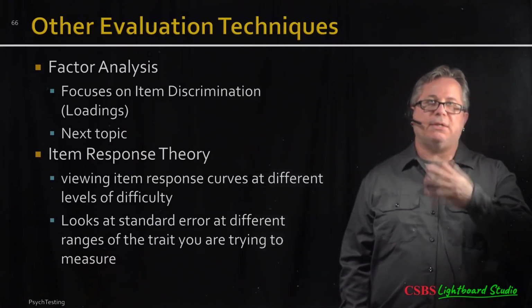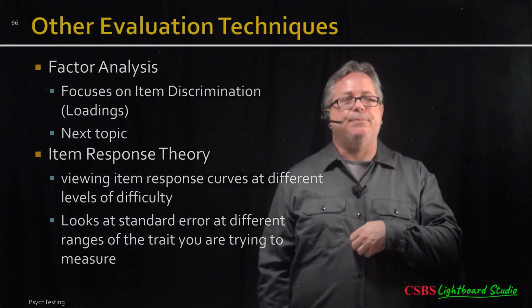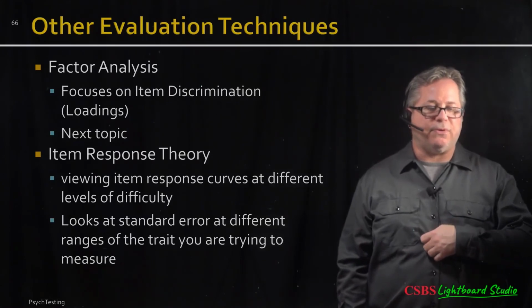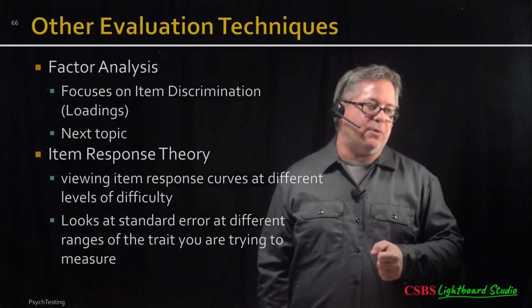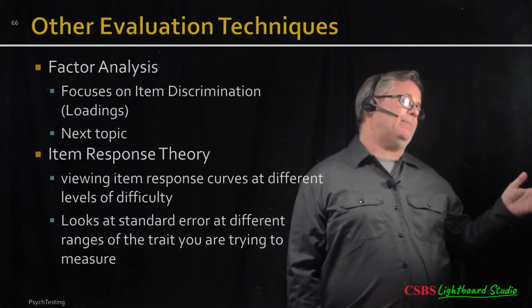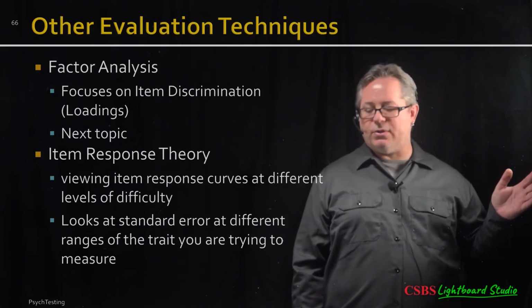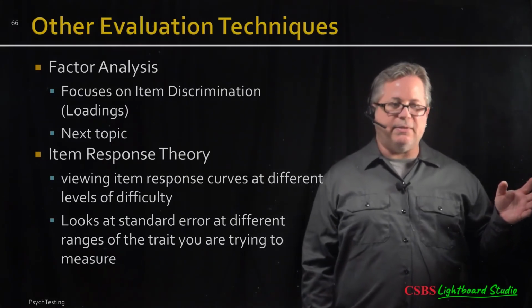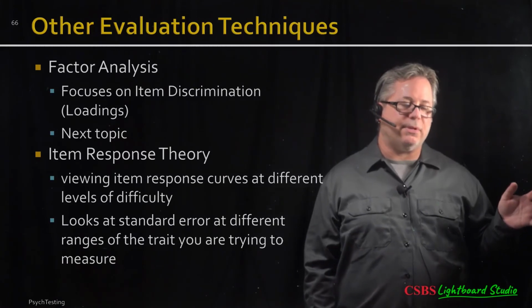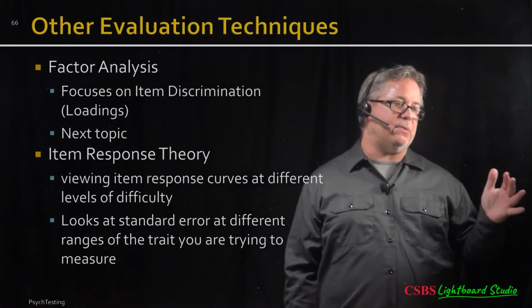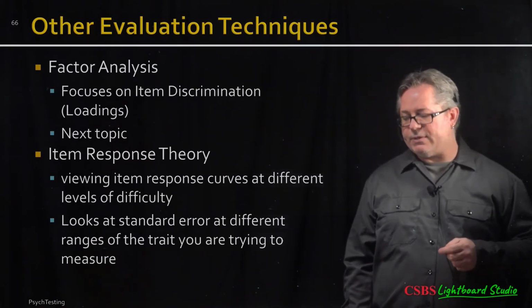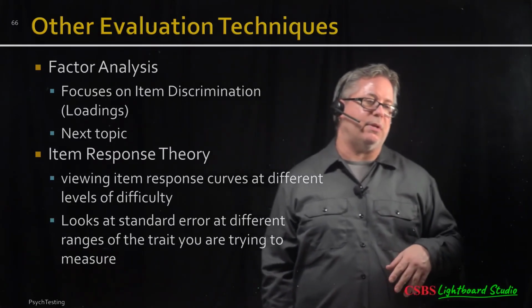And the basic approach to factor analysis, we don't really look at item difficulty at all. You have to go to a version of factor analysis that includes the item means, something like a mean structure analysis, before you get back into looking at the item difficulties. So the focus is solely on that.